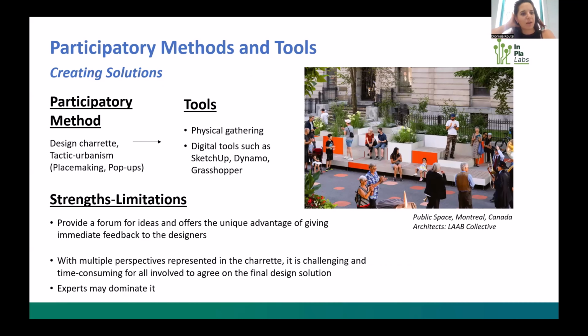Then we have some urban design methodologies like tactical urbanism, which is the co-creation of small-scale interventions in the city, co-designed by the community, and it uses physical gathering or again some digital tools in order to be implemented.